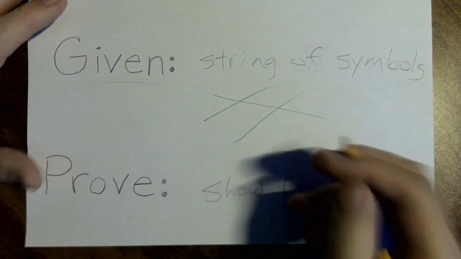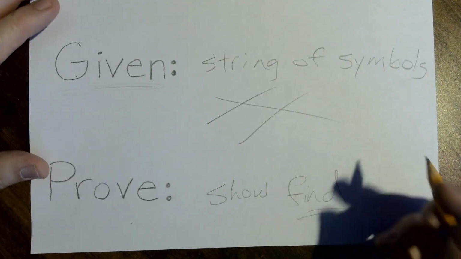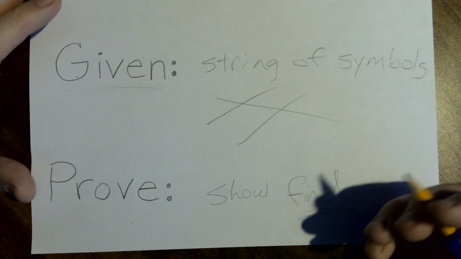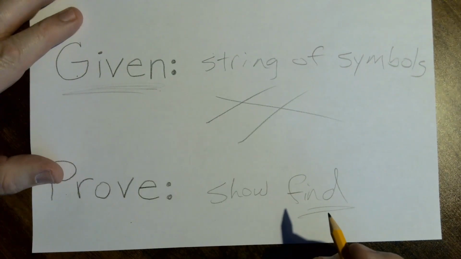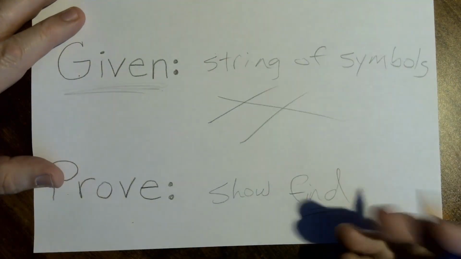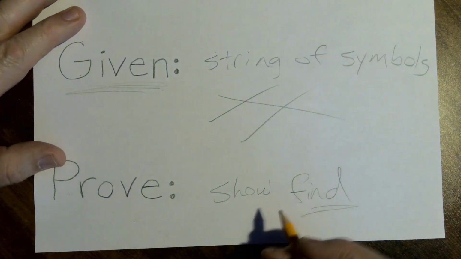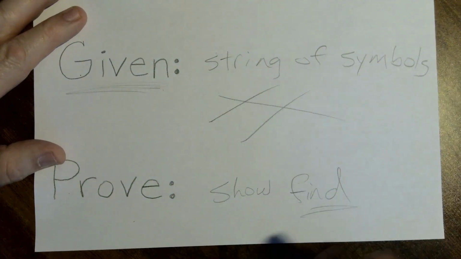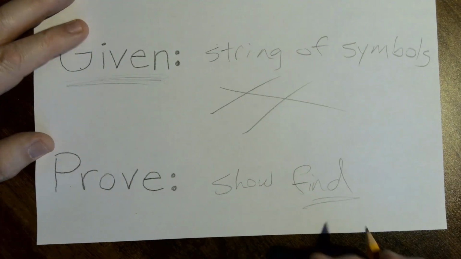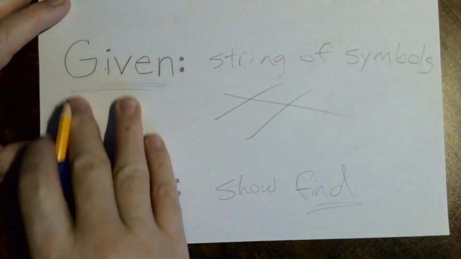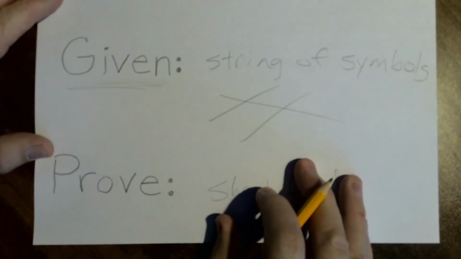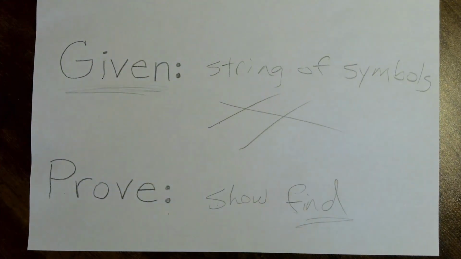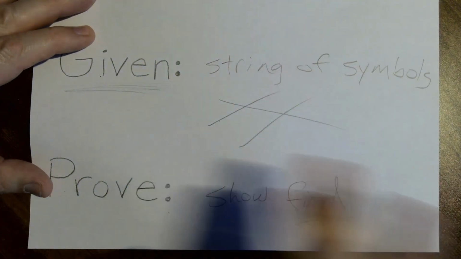They'll draw, or there'll be a sketch of some geometric shapes or parallel lines or something like that. But that's the given part. So you have a string of symbols or some statements, and you're to find or discover or determine. Basically, the general format behind it all is: given something, prove this other thing. And that's pretty much where we're going to leave each puzzle.